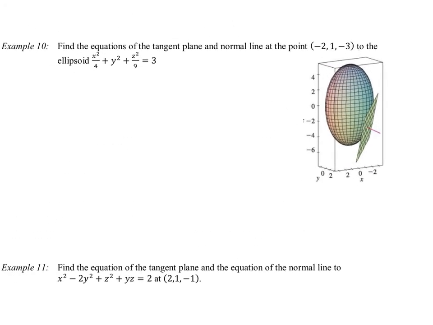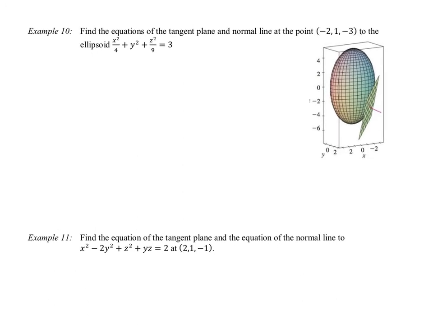All right, example 1, we're going to look for the equations of the tangent plane and the normal line at the particular point given the equation. The first step is to set the equation equal to 0 and rename it as capital F of x, y, z. So in this case, all we're going to do is simply subtract 3.